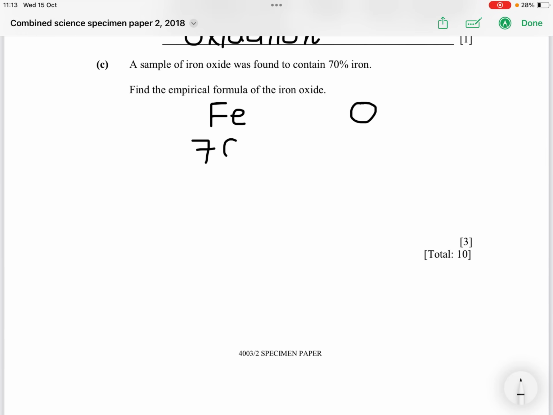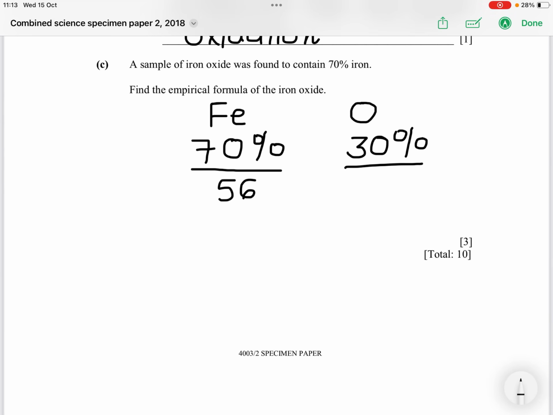We have iron and oxygen. We write their percentages: 70% iron, and for oxygen it is 30%. We divide by their atomic masses. For iron it is 56. For oxygen it is 16.